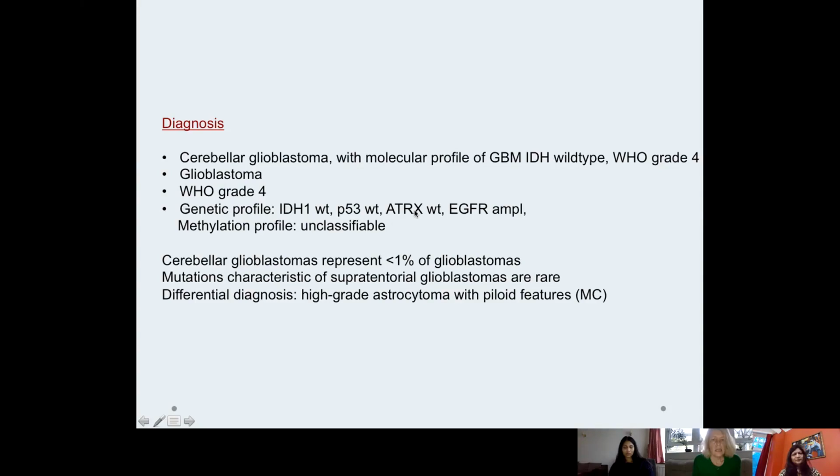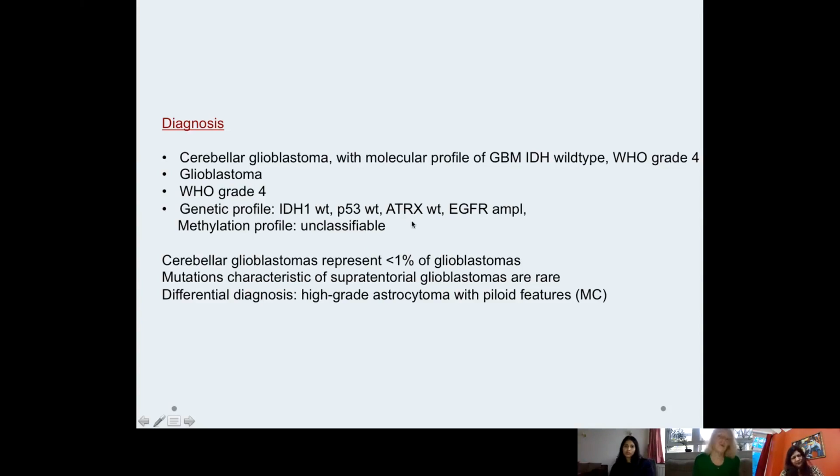Now, in this case, the differential diagnosis was of a high-grade pilocytic astrocytoma, given the location in the cerebellum. You have to remember that glioblastomas and other astrocytomas in general in the cerebellum are quite rare. And she is still a relatively young patient.